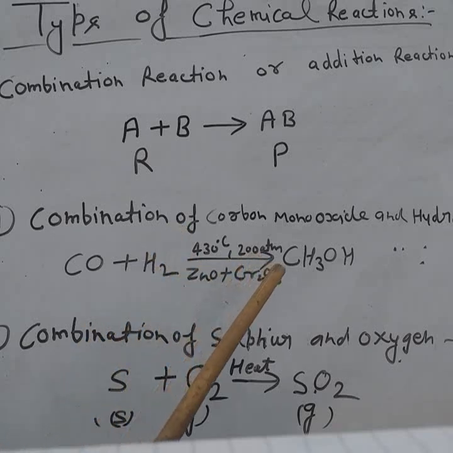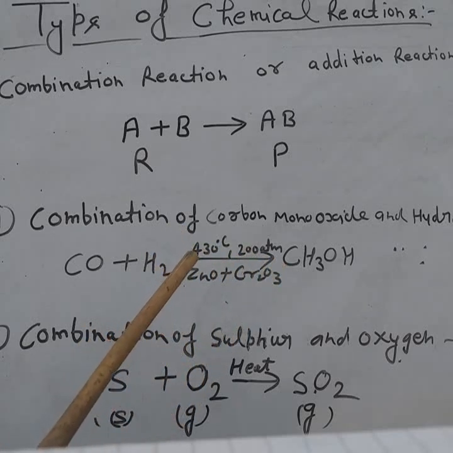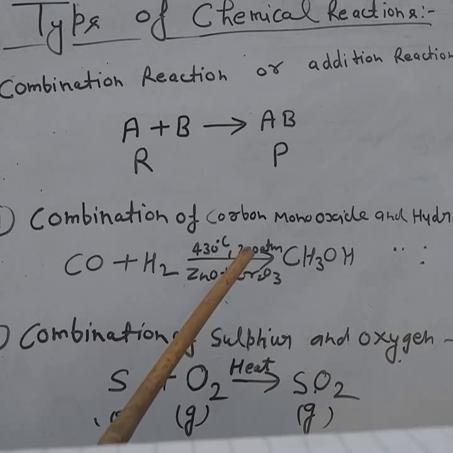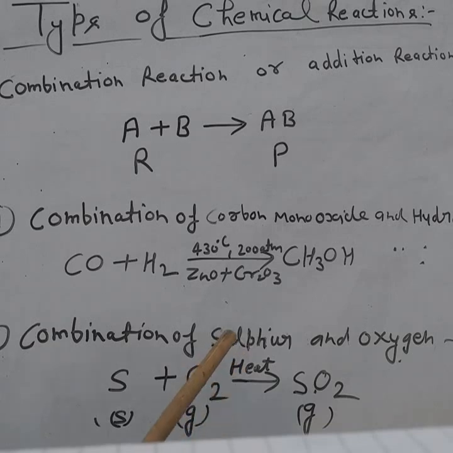The upper side of the arrow shows temperature and pressure, and the lower side shows a compound called a catalyst, which is used to make reactions go slowly or fast. In the presence of these, carbon monoxide reacts with hydrogen to give methyl alcohol.